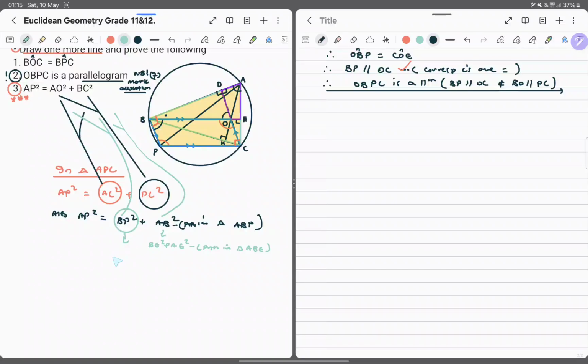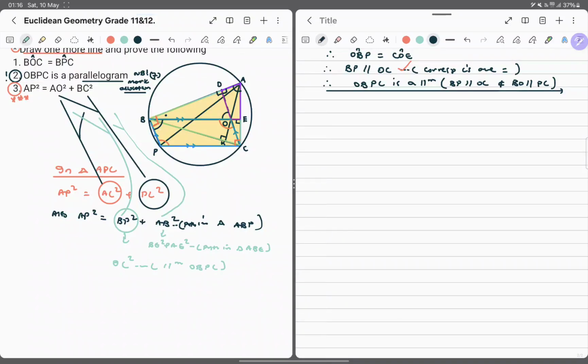Right, so we can say this is OC squared from parallelogram OBPC.